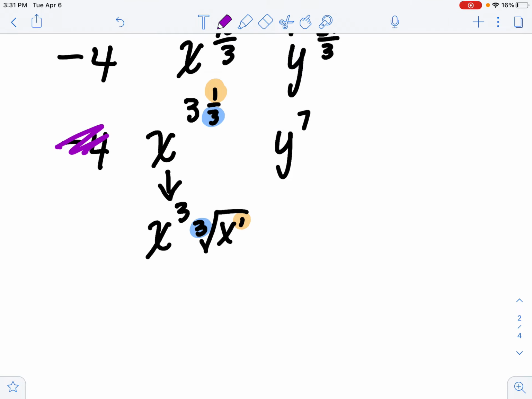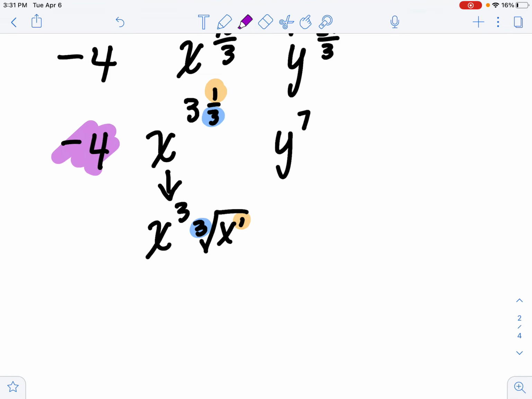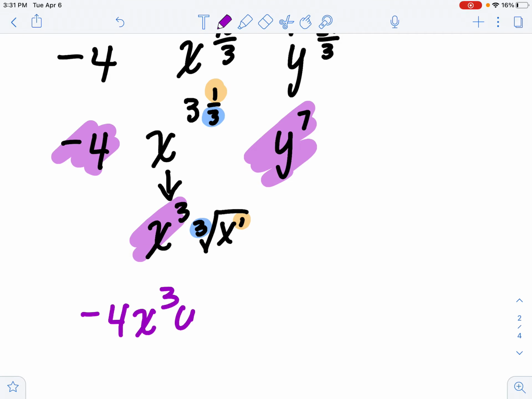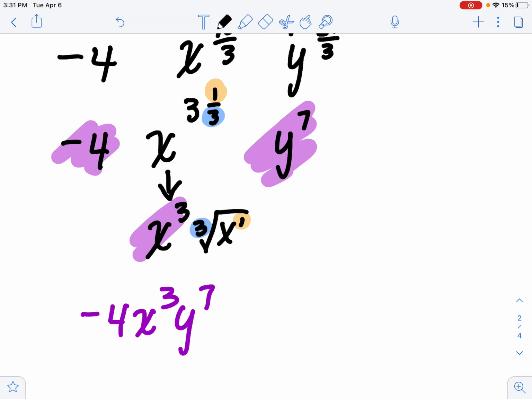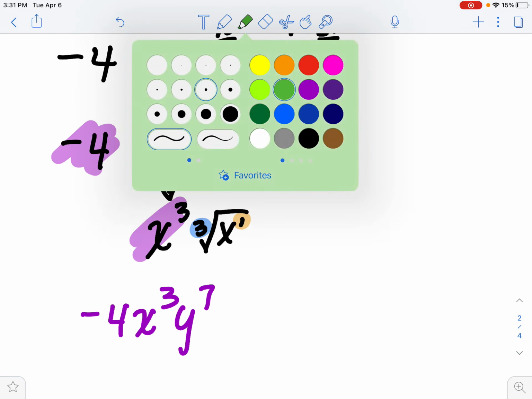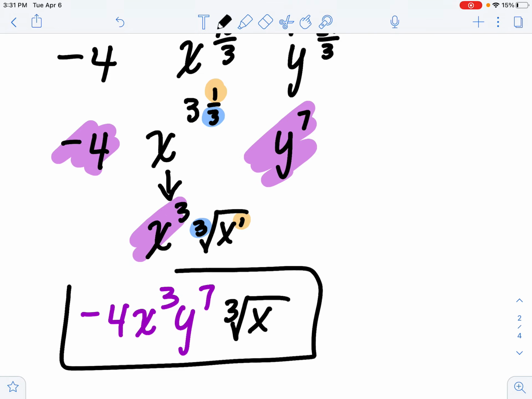Everything outside is, whoops, excuse me, is -4x cubed and y to the 7th, so that goes outside. And then the only radical part you have is this. So you just put that beside it, cubed root of x to the 1st, or x.